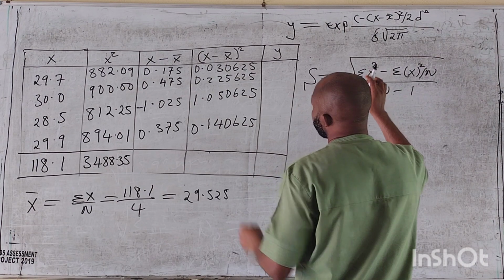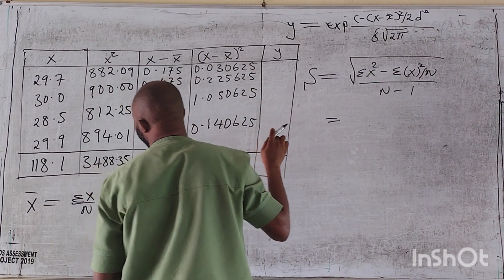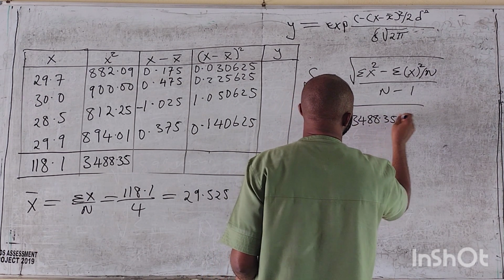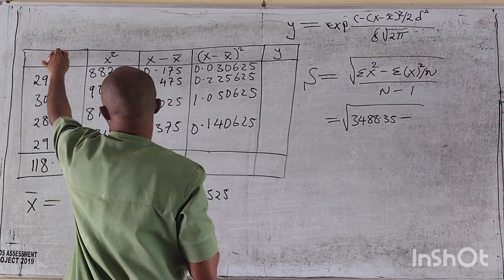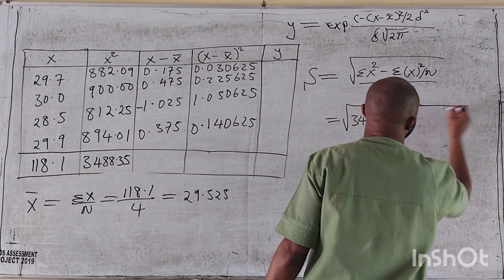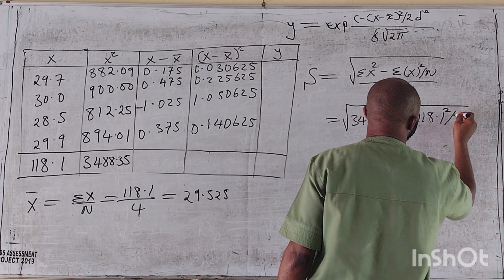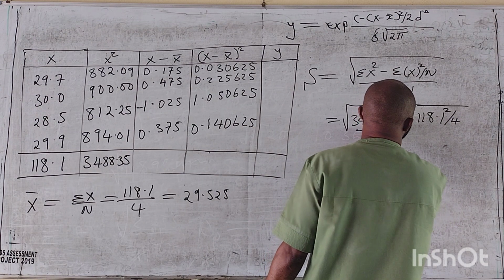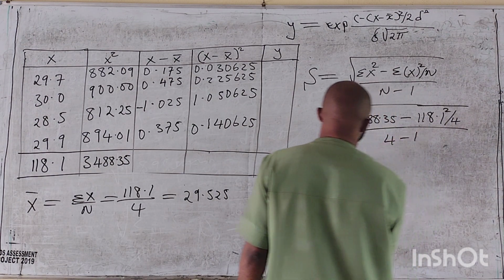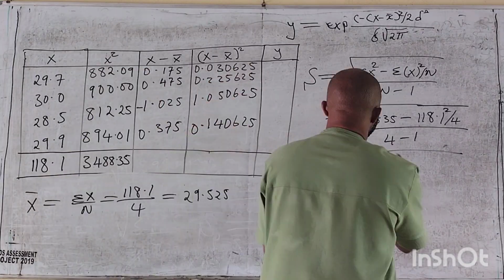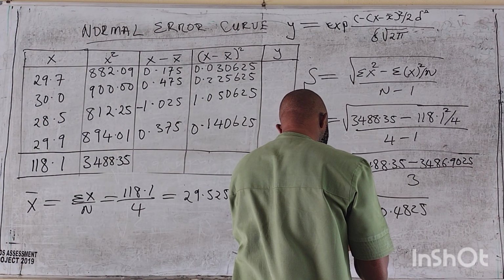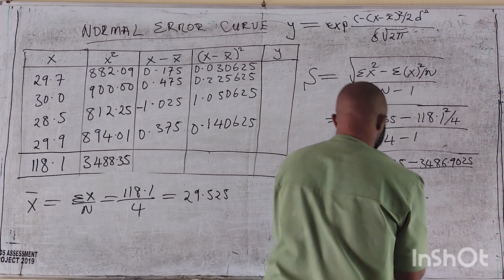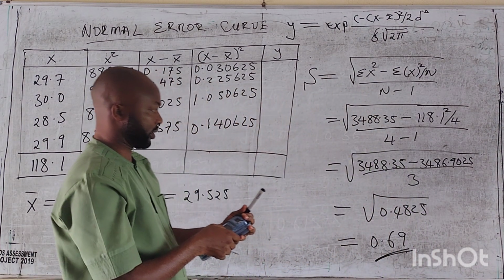The summation of x squared is 3488.35, minus the other summation of x, 118.1, squared, divided by n, the number of data, 1, 2, 3, 4, over 4, all over 4 minus 1, and this is equal to 0.69 to the nearest two decimal places.